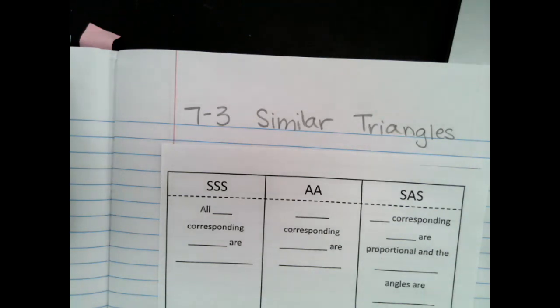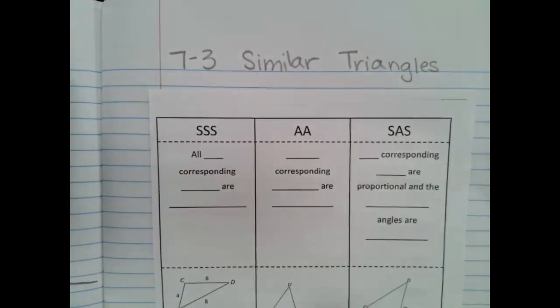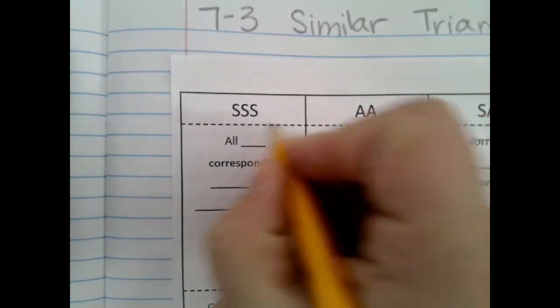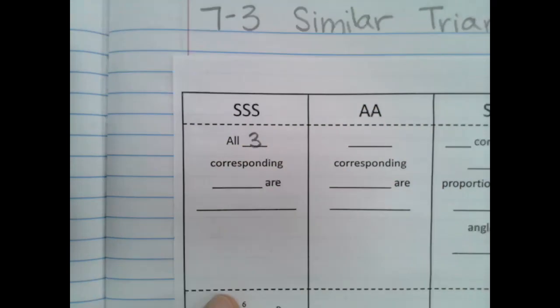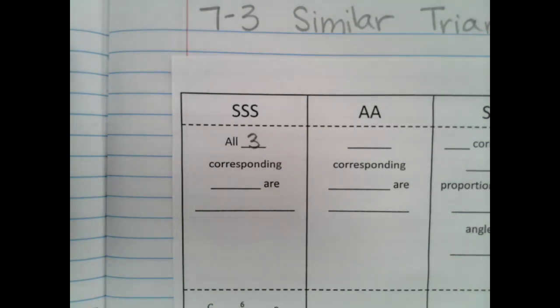All right, so we're going to start with SSS. How many S's are there? 3. So when we talk about a triangle, how many sides are there? 3. So for this first one, it's all 3 corresponding what? What are we talking about specifically? Sides.